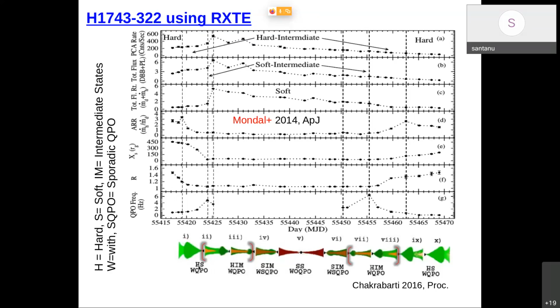For example, in the bottom cartoon diagram, you can see how the corona is evolving. Initially, when the shock was far from the black hole, the corona size was bigger, and it gradually decreases and disappears. Then the inverse happens during the declining phase of the outburst.